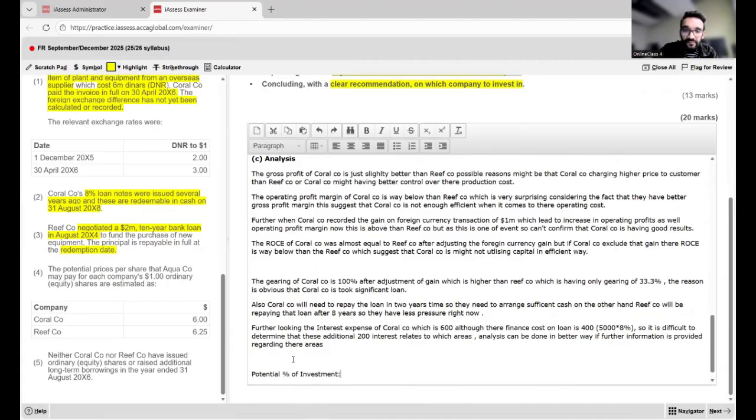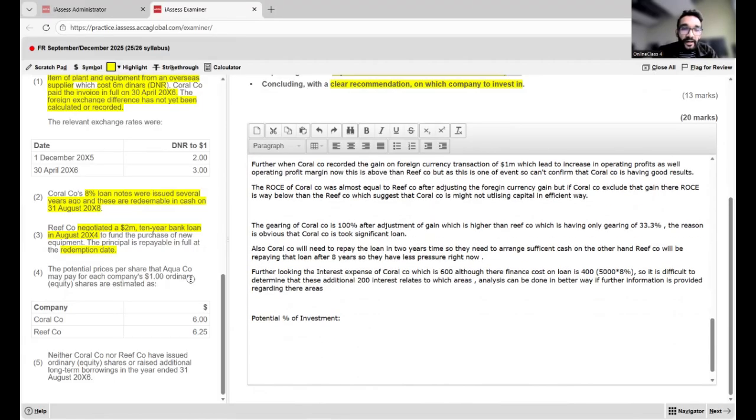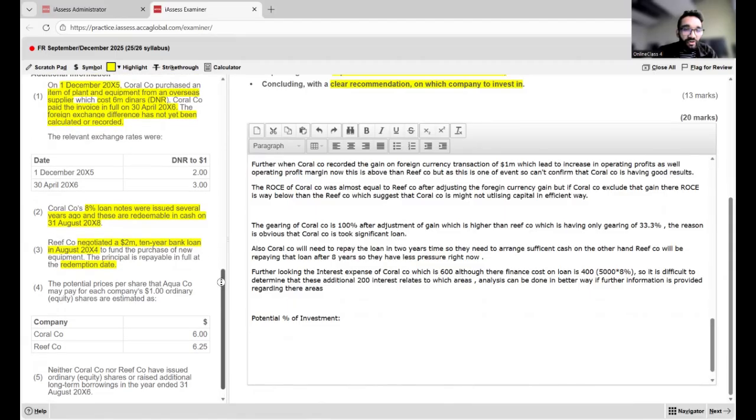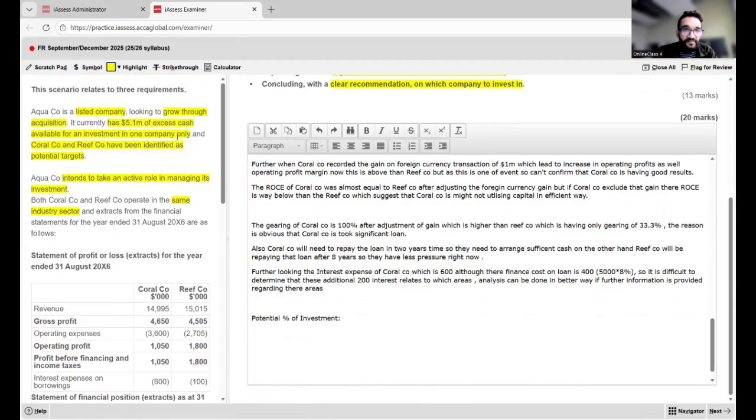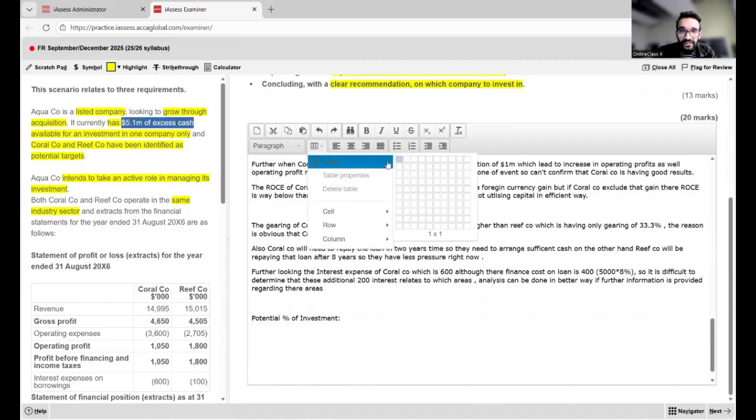How we will be doing this? See, Aqua company is having a surplus cash of 5.1 million excess cash, right? 5.1 million excess cash.